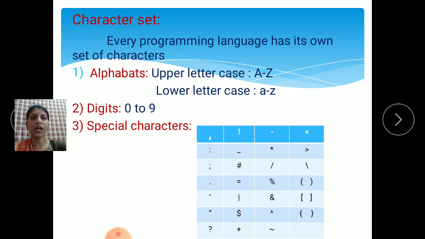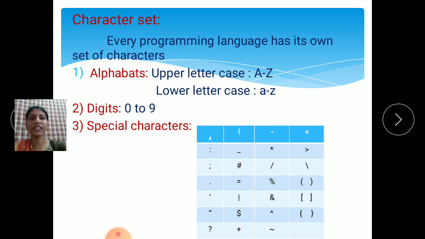We will use round brackets in a program to declare any condition within them. In this bracket we write the input or output statement using double inverted commas. Then square brackets. If you want to declare the array size, we use square brackets. Then these are curly braces.